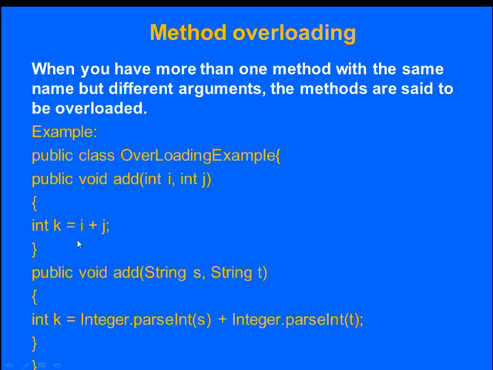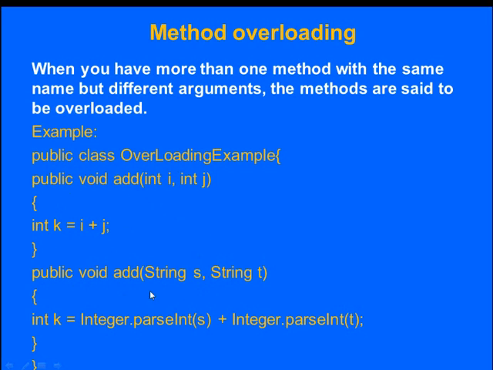Though we have two methods with the same name, they differ in their arguments. Either the number of arguments would differ, or the data type of the corresponding arguments would be different. So we say that these add methods are overloaded methods.